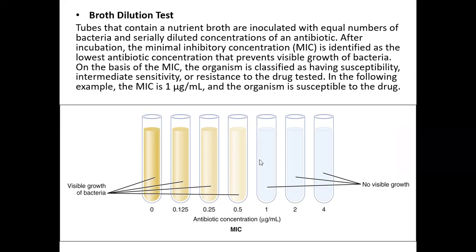This is clear, this is an effective concentration. But from this tube, we can see that growth of bacteria began to appear, and this means that this concentration does not affect it. So this is the minimal concentration which will inhibit the growth: MIC, minimal inhibitory concentration of antibiotic. So it is the minimal concentration of antibiotic which inhibits bacterial growth.